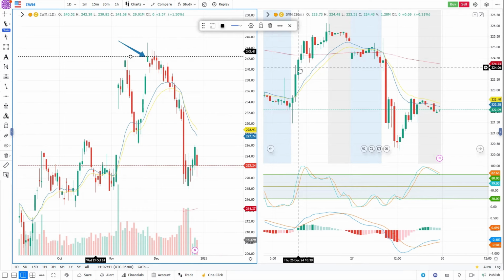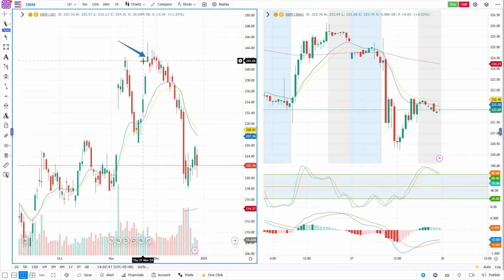It's very misleading, right? You can even say here, again, let's remove this price level. And again, we're focusing on this green candle here. Because it's green, it would make you think that the buyers were in control that day, right? There were more buyers than sellers simply because it closed higher than when it opened, right?